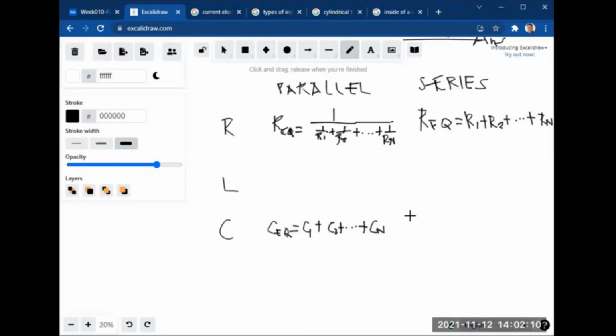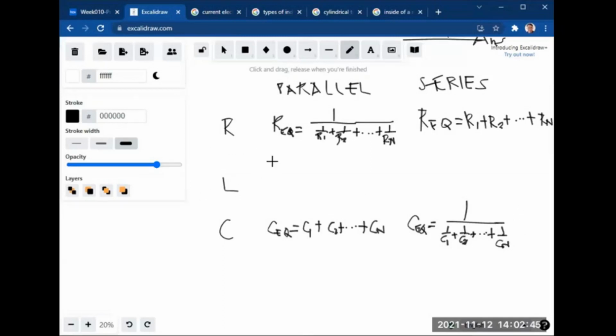Next, for the series capacitors, the equivalent capacitance will be equal to 1 over C1 plus 1 over C2 plus 1 over Cn. Okay?